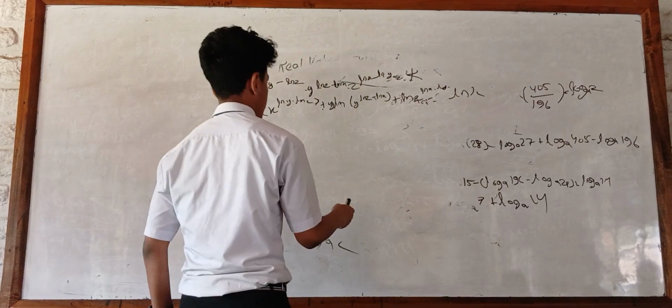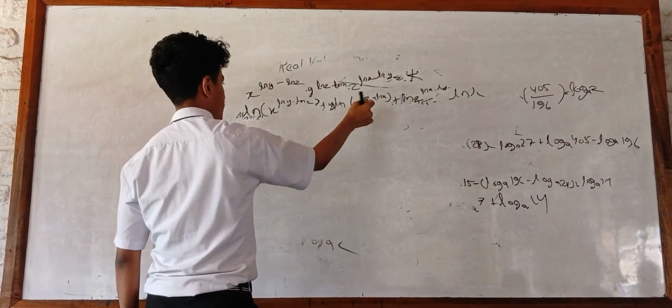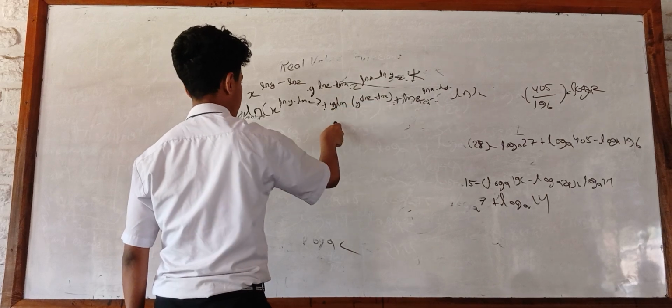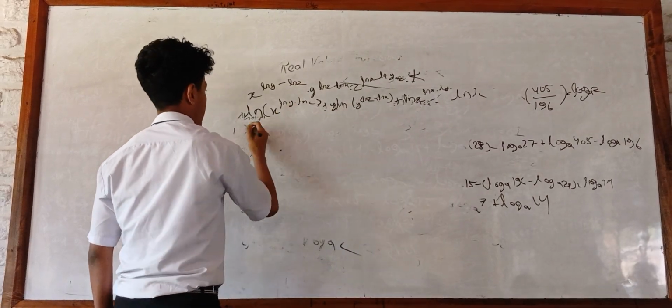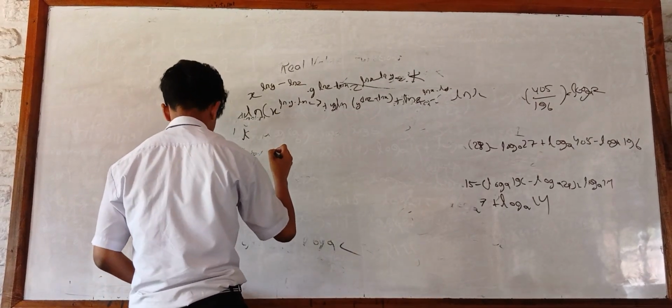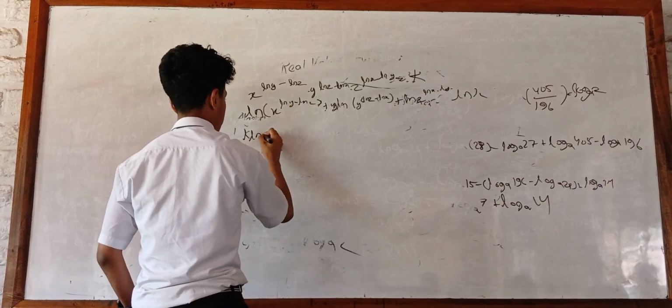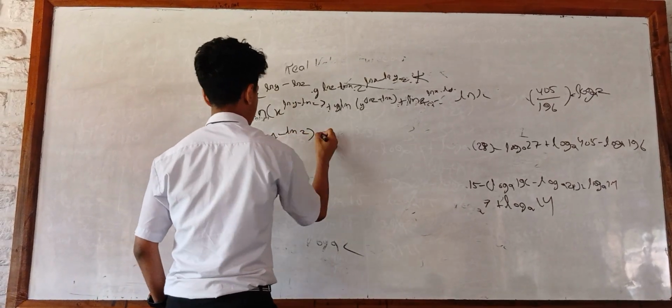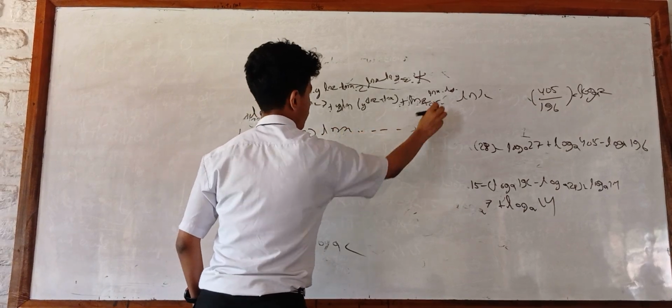Now using another property, we can put these powers in front of ln x and ln y, and it can be written as ln y minus ln z times ln x, and so on.